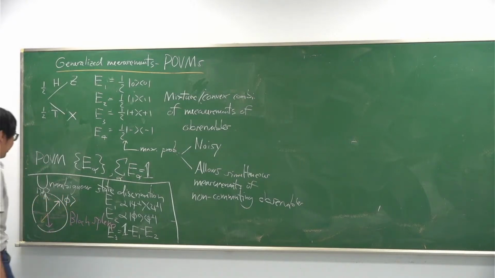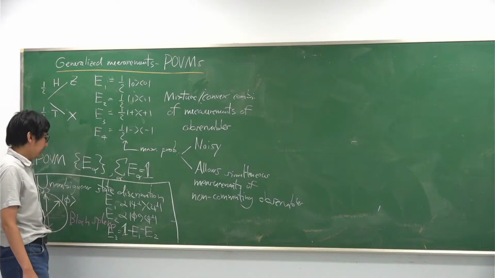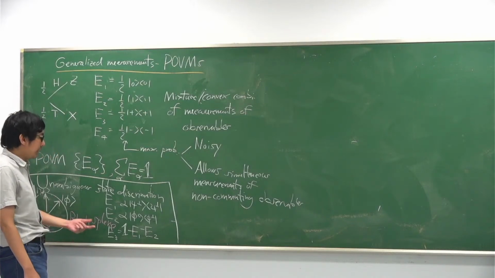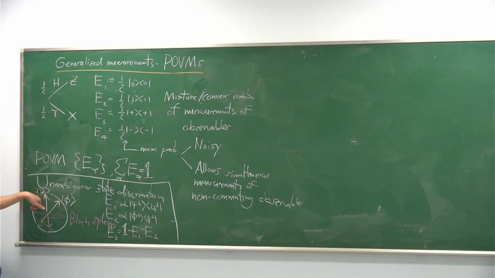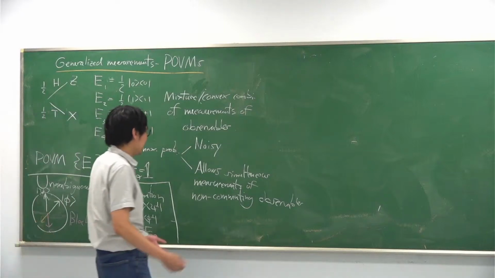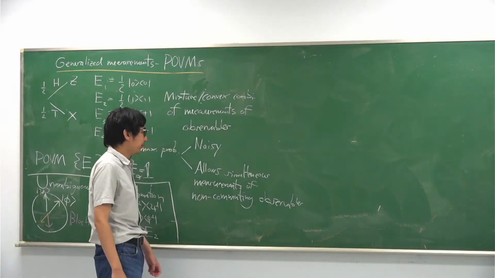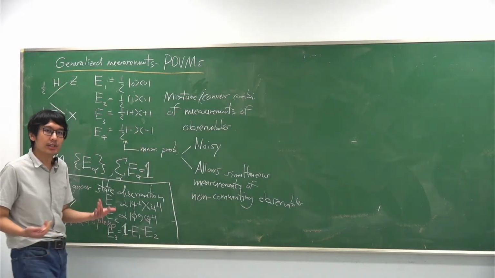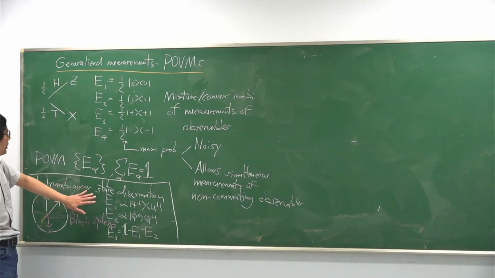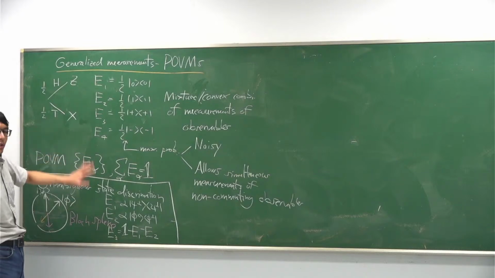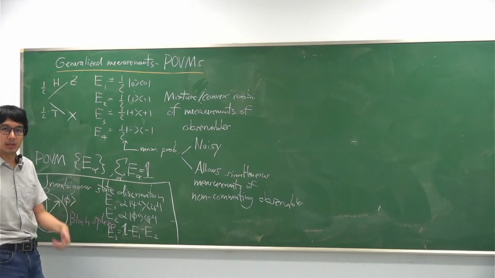But at the end of the day, what this allows you to do is to distinguish between these two states without ever confusing them, for example. So making things noisy is just another example, besides this one, that making things noisy allows you to do something more.